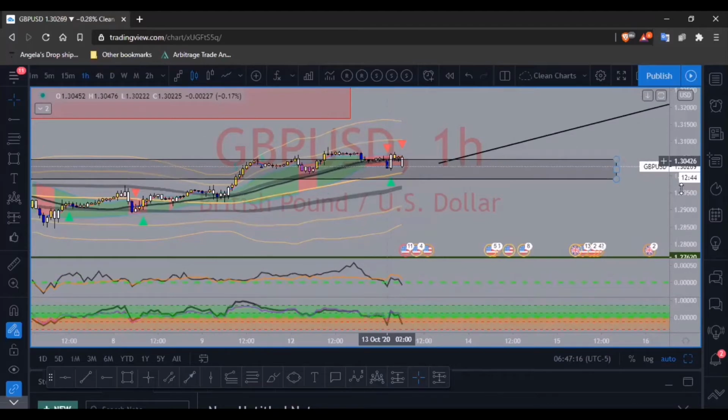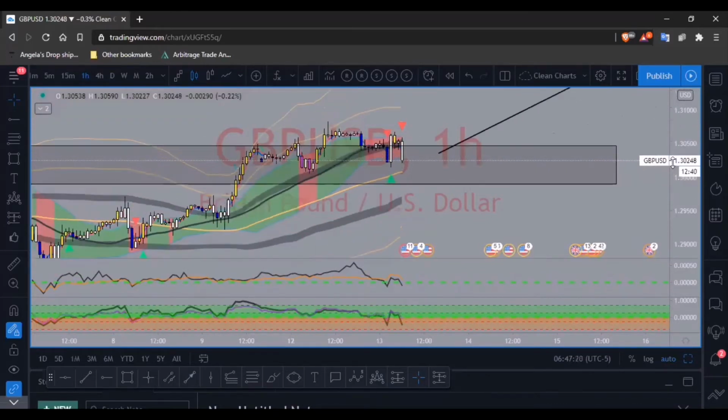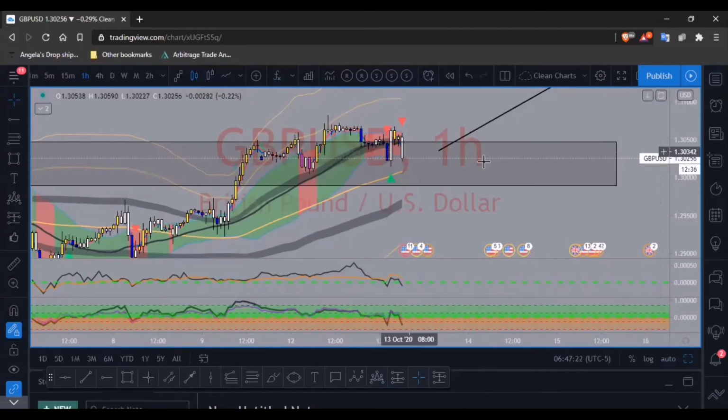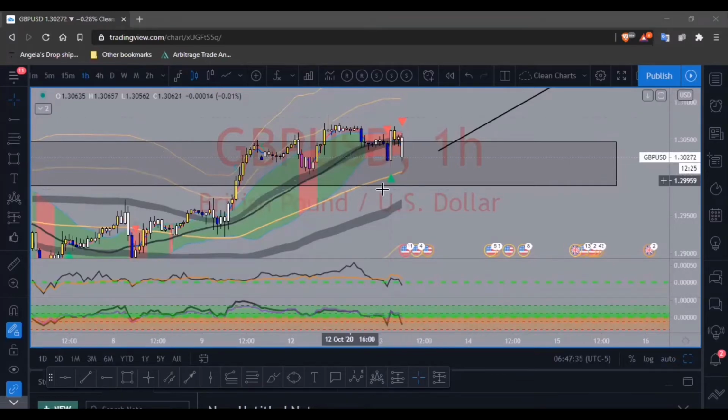And for those of you guys who are new, there's a video where I'm explaining how I use this arbitrage indicator. Don't really have time to explain it right now. The indicator I use is called arbitrage. It basically tells you what to buy and sell.